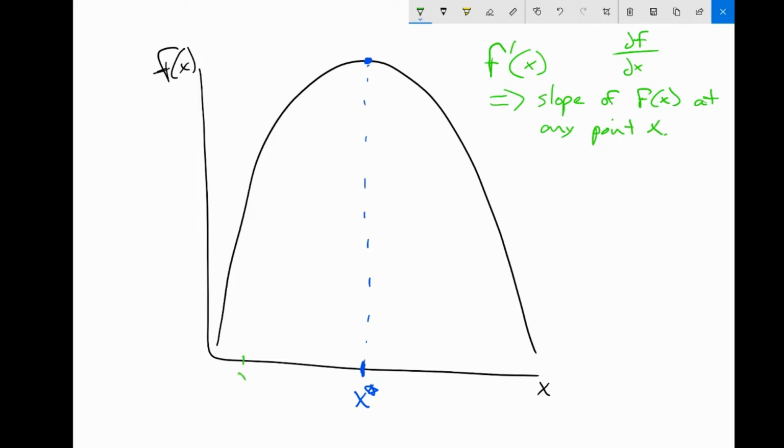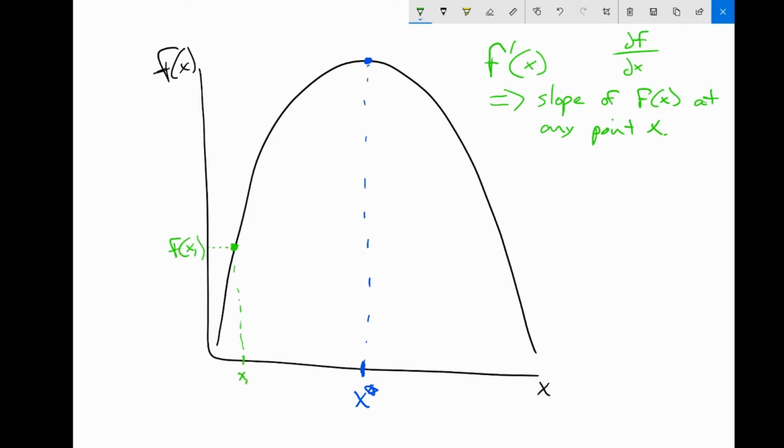Let's say I had some value x1. At x1, this is f of x1.